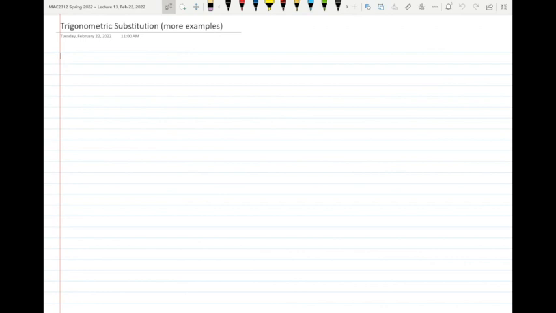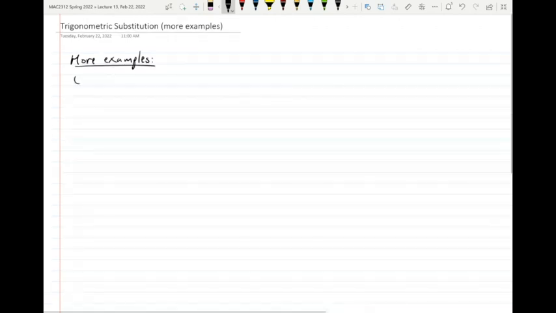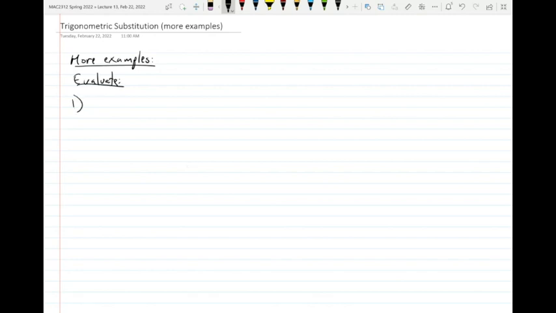Okay, so we did A and B, so let's do a couple more examples. Evaluate. Let's do a similar integral to the last one that we did last time, but as I mentioned, I'm going to put different limits just to see how the problem will change.